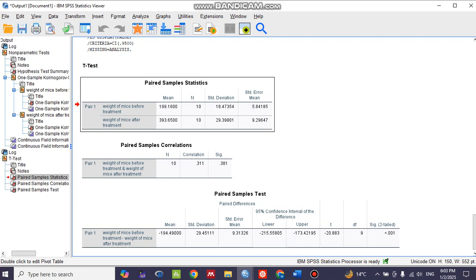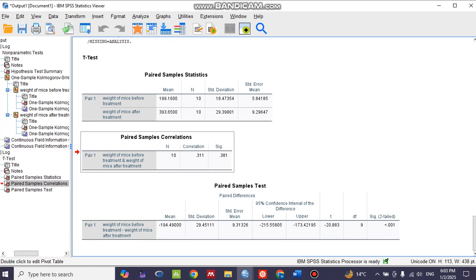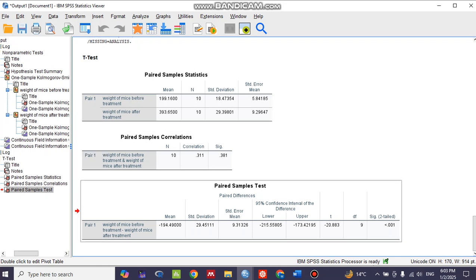Similarly, the next table is of paired sample correlation. There must be significant correlation between the two variables, and it is not significant here. Then we go for paired sample t-test results, and from this table the most important things are this t value, this degree of freedom, and this significance value.